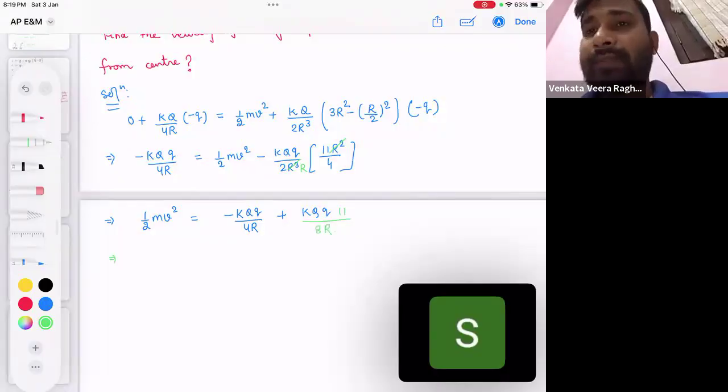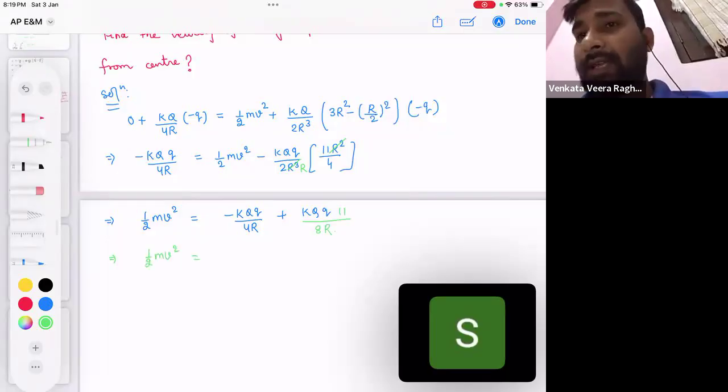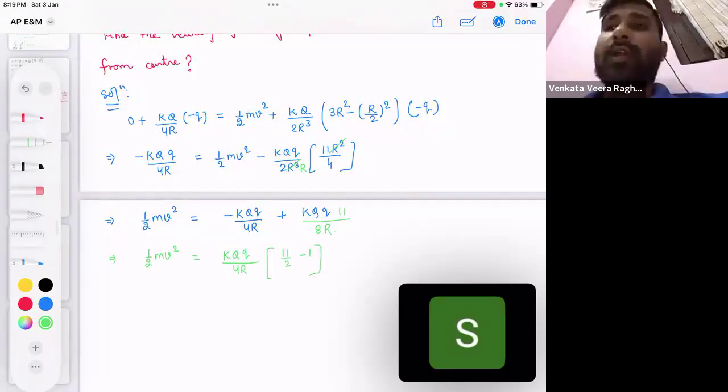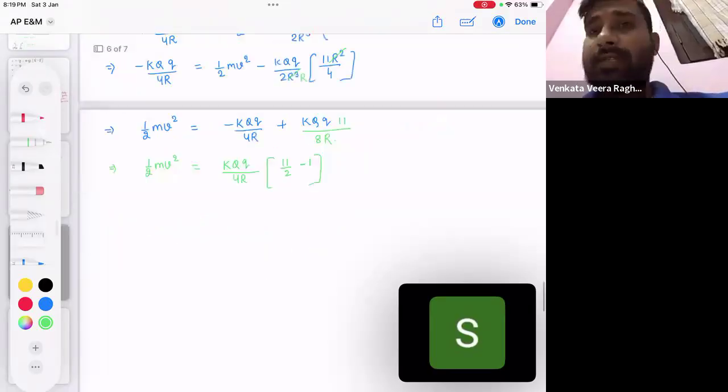Now we will simplify it, okay? Just one or two more steps and we will get our answer. kQq by 4r is taken common, right? So we have 11 by 2 minus 1. Now just the last step, what do we have?